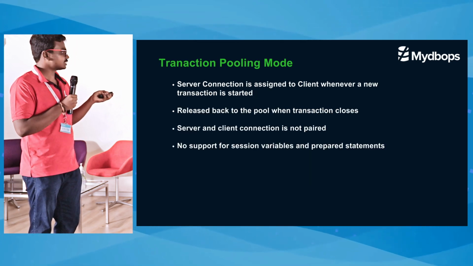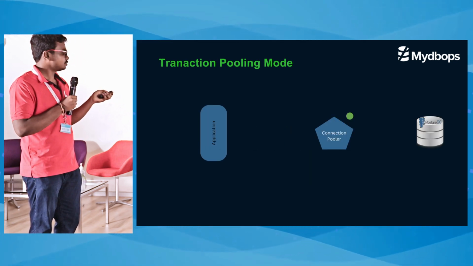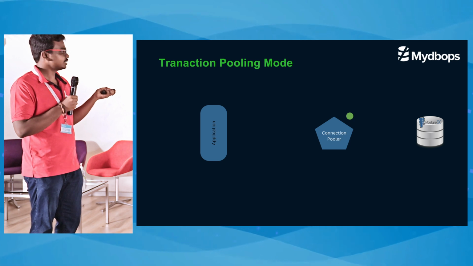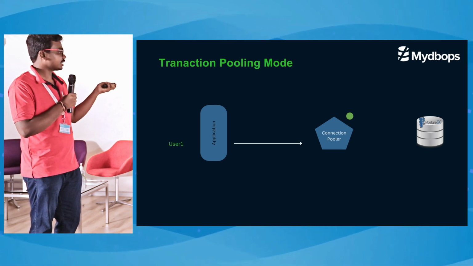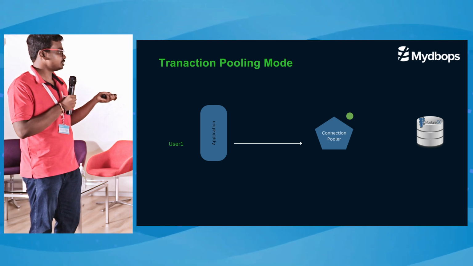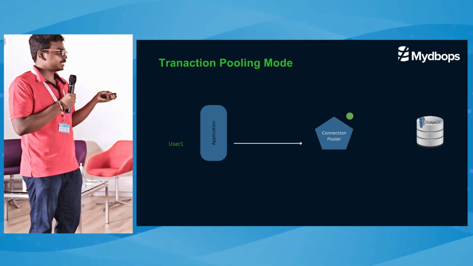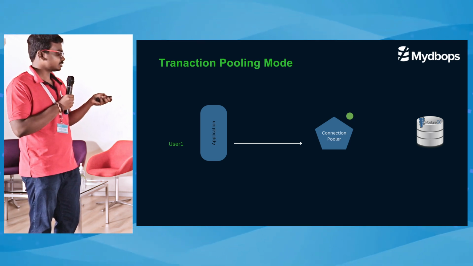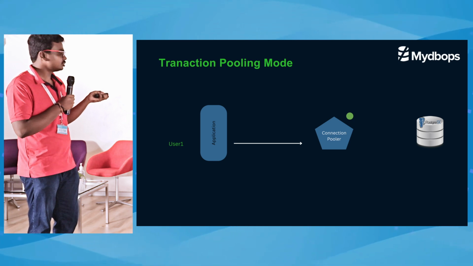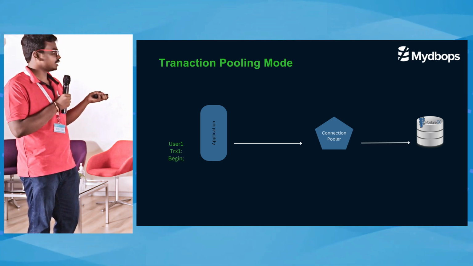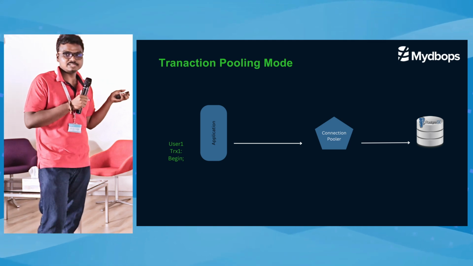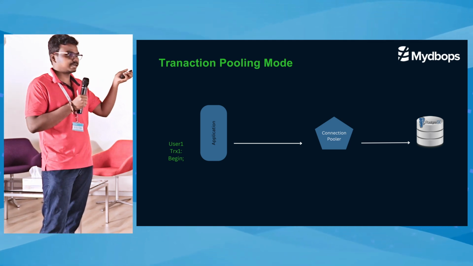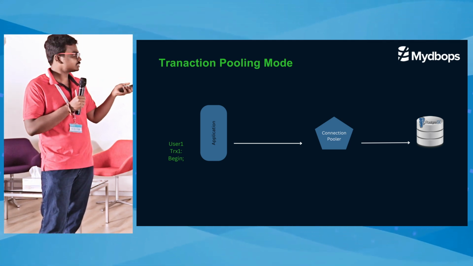The next one is transaction. Instead of working at the session level, when a user starts a connection, it connects to the connection pooler, that is PgBouncer, but it won't make any connection to the backend database. Only once we start a transaction will it make the connection to the backend database. In session mode, once the user connects, the session is connected to the backend database. Here, the backend connection is made only when we start a transaction.